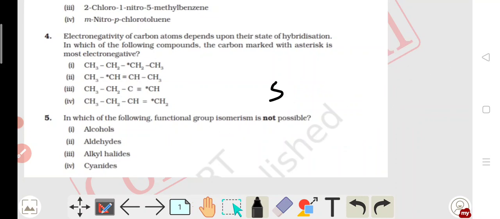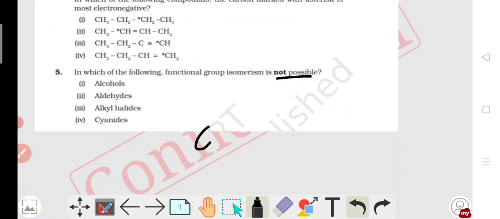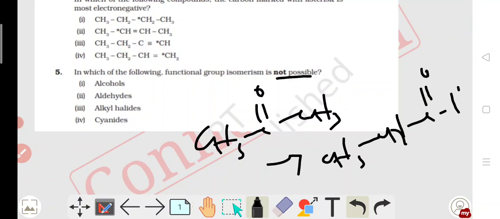Then comes question number 5. Which of the following functional group isomerism is not possible? Functional group isomerism means the group, let's say for example CH3 CO CH3, here ketone, now it may be converted to CH3 CH2 CHO, aldehyde, so it is a functional isomerism.